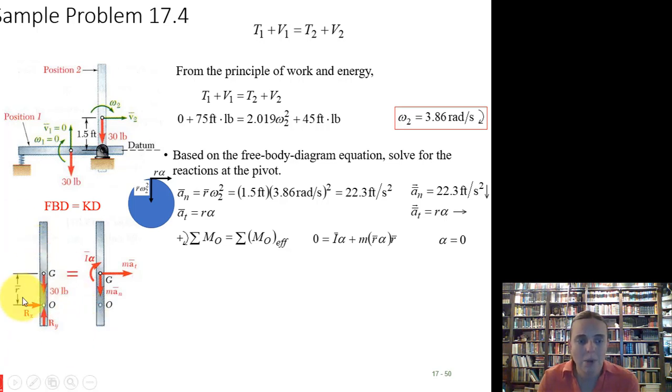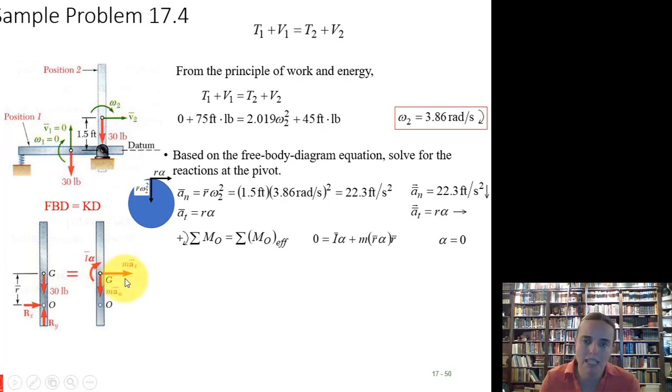So taking the moment around O, 0 on this side. Like mg just acts straight through that point. There's nothing that's actually trying to rotate it around O at the very end of it. So 0 is equal to, and you have to do the same thing on both sides, free body diagram or kinetic. So we're looking at the moment around O here again, and you have some kind of a radius and ma.